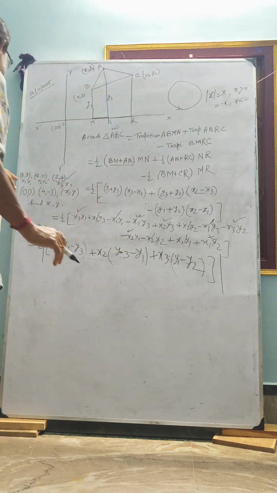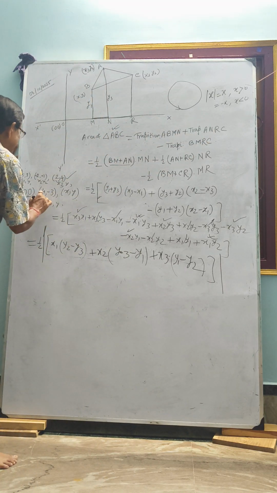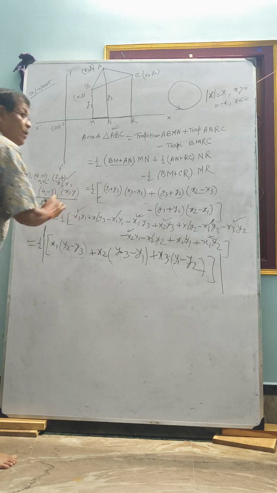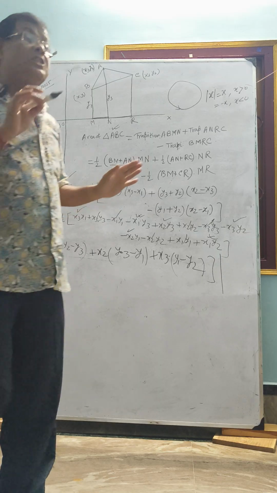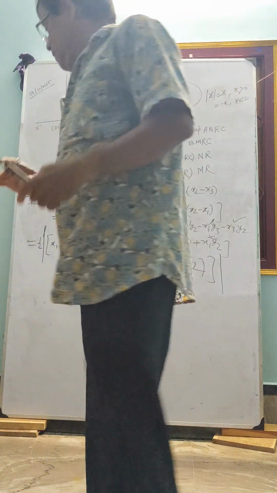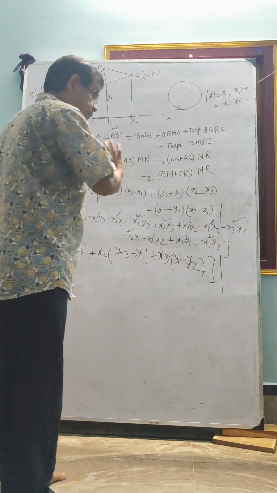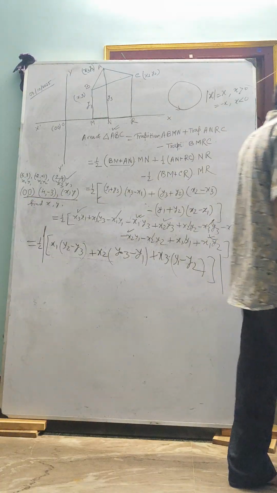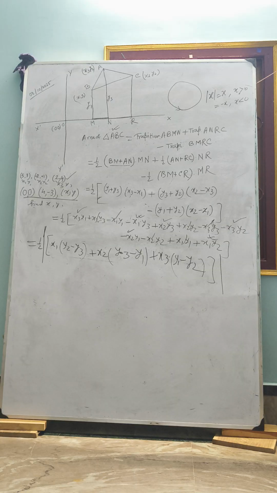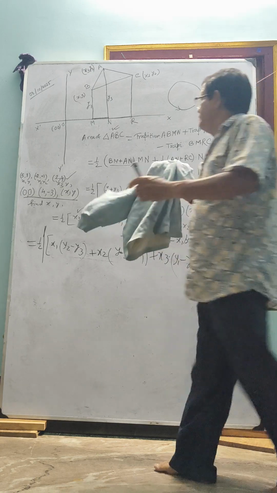Now given that (0, 0), (4, -3) and (x, y) are 3 points which are collinear, then what is the value of x and y?